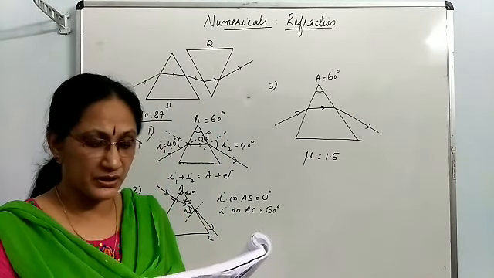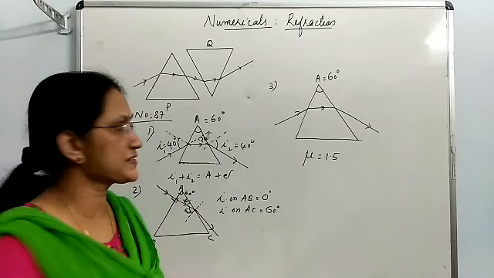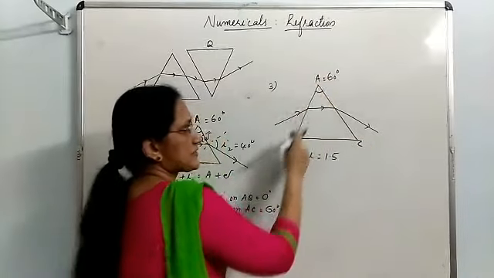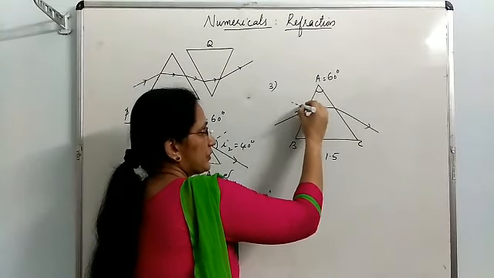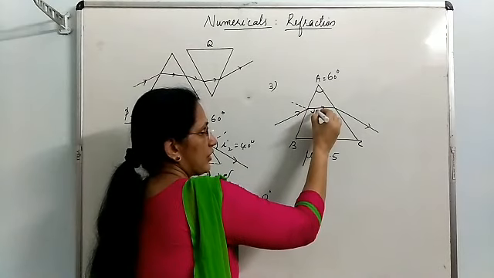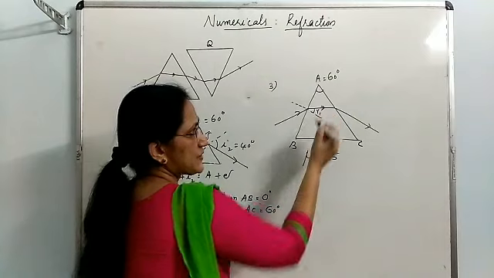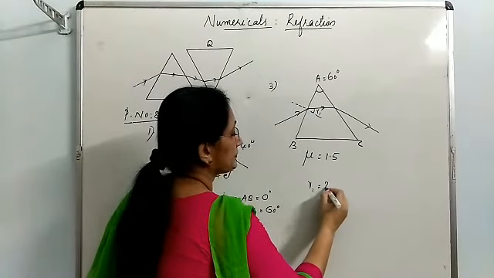Okay, you are asked to find out the angle of refraction on the first surface. AB is the first surface. There you have to find out the angle of refraction. Draw the normal. This is the angle of refraction on the first surface. The symbol which we use is R1. So you are asked to find out R1.